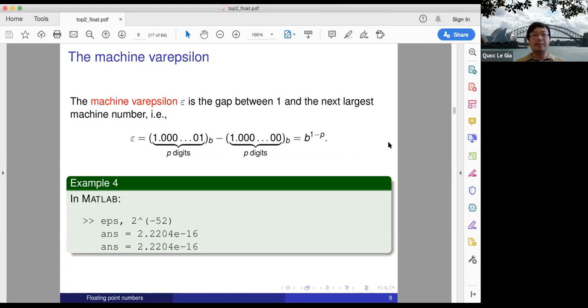So maybe go back to the floating point representation, and I will explain a bit more here. Let me share the document projector.